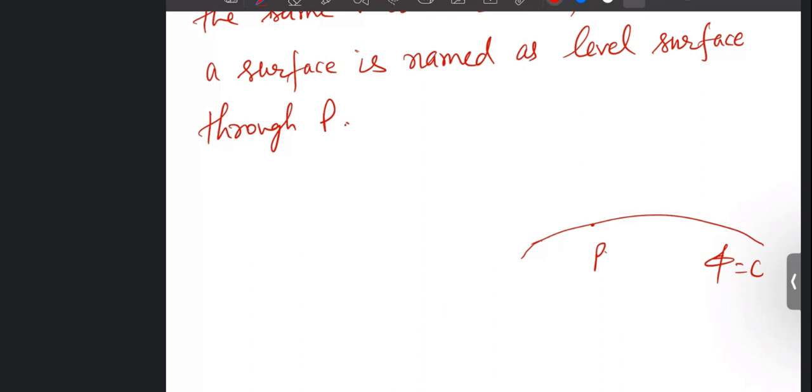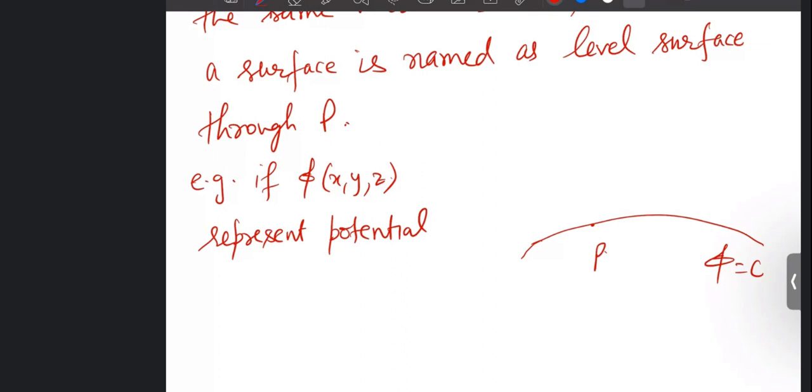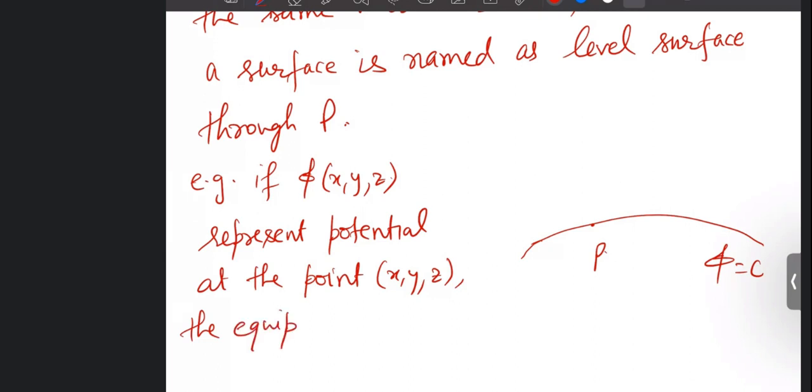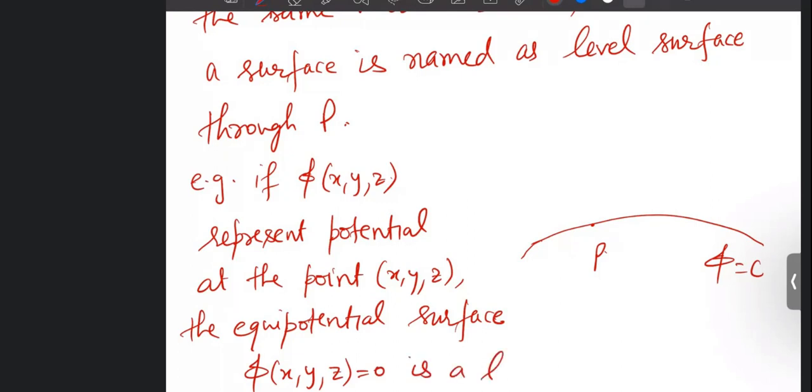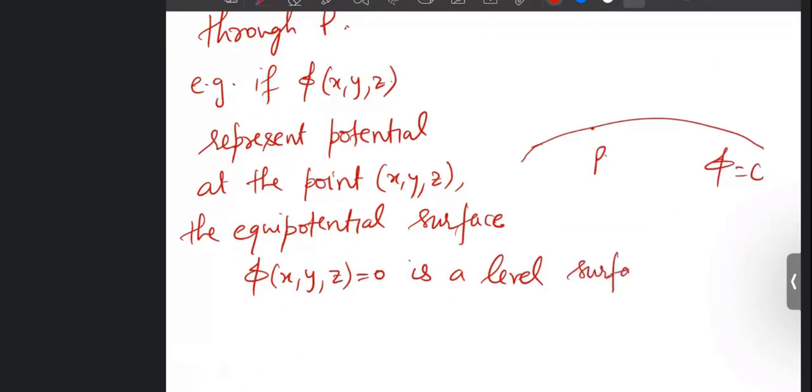For example, if phi(x, y, z) represents the potential at the point (x, y, z), the equipotential surface phi(x, y, z) equal to c is a level surface.